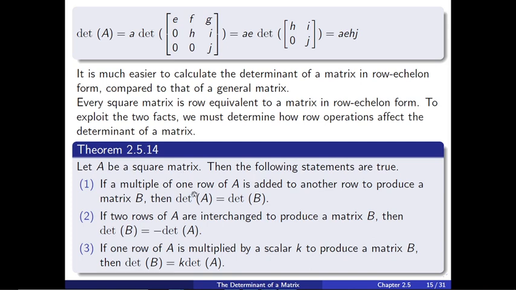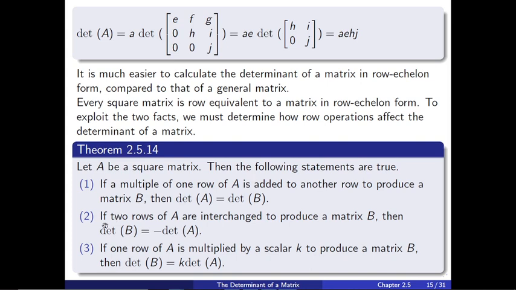If a multiple of one row of A is added to another row to produce a matrix B, then the determinant of A is equal to the determinant of B. So this row operation is where we say Ri goes to Ri plus S Rj, where S is a non-zero real number, and we find out that the determinant of A is not actually affected by this elementary row operation.